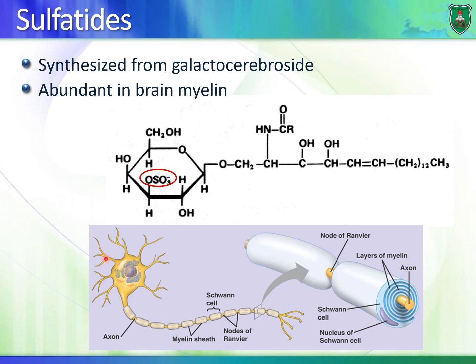Now, you can have galactocerebrosides where the sugar molecule, the hexose, can be modified by the addition of a sulfate group as found here, and this is also a component of the myelin sheath, and it's negatively charged and so on.